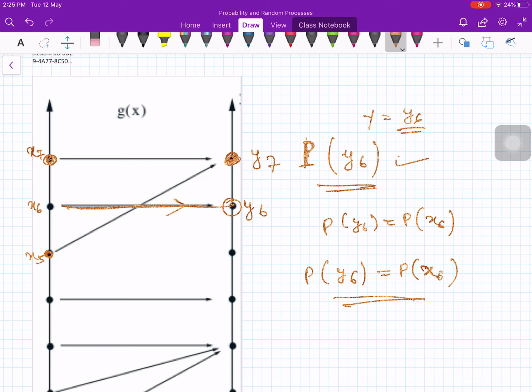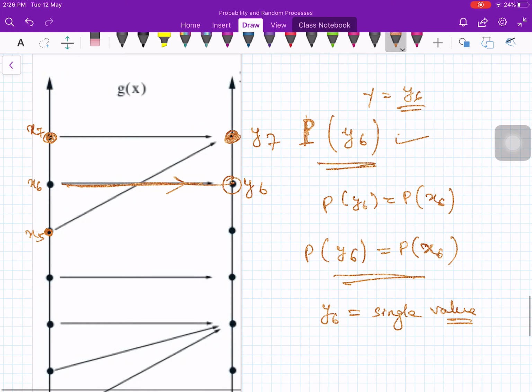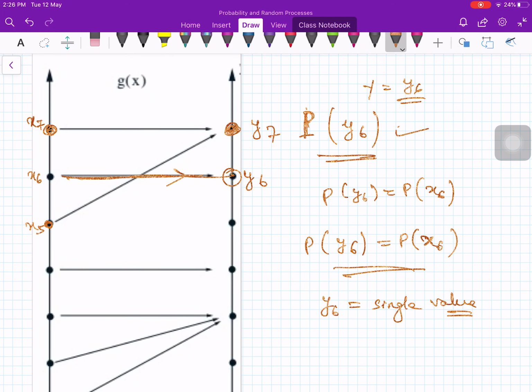Now one can ask, is this useful in the continuous case? It is not, because in the continuous case any single value has zero probability. y6 indicates a single value, so for a single value, the probability is 0 in the continuous case. So what you get out of this argument is that the probability that y takes the value y6, or the probability that x takes the value x6, is 0.